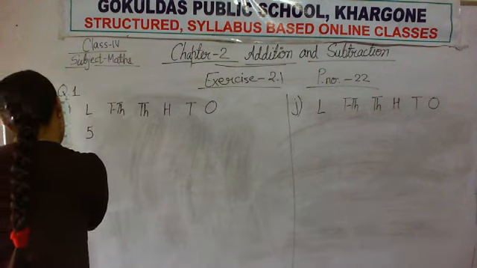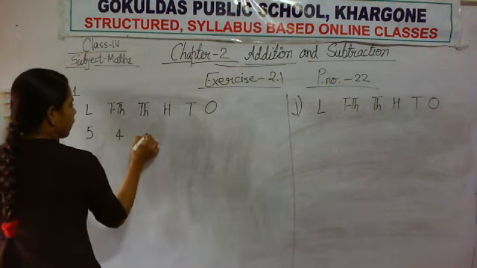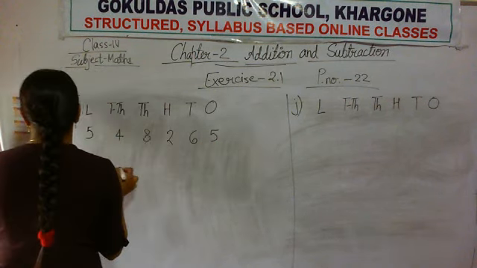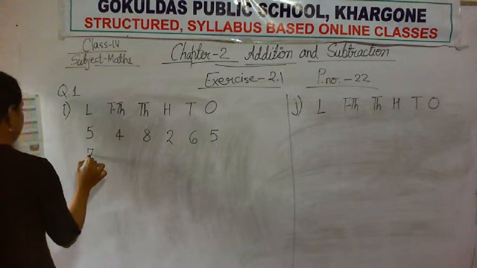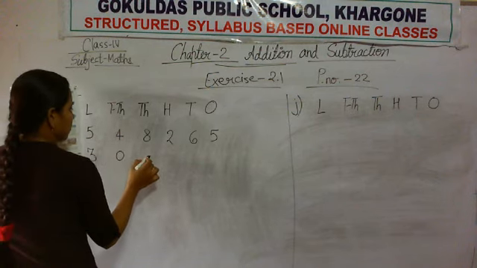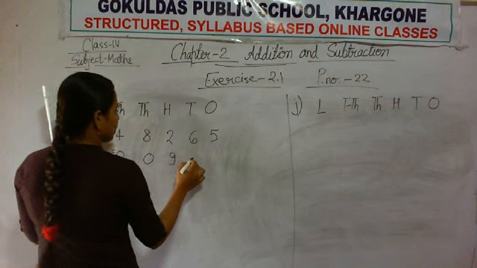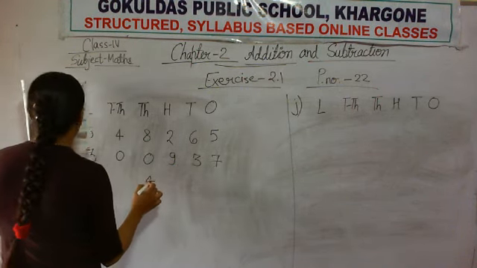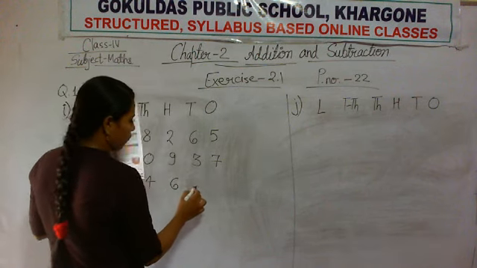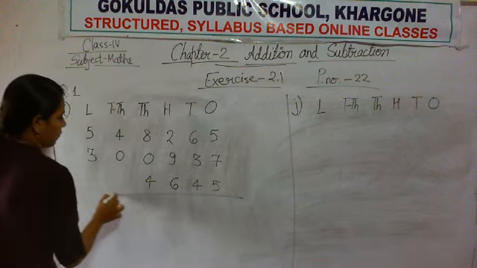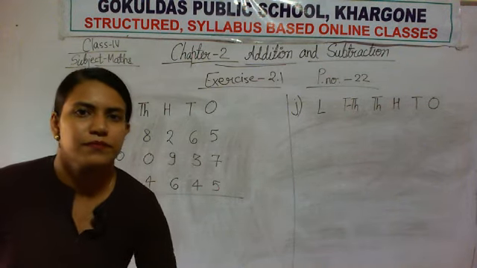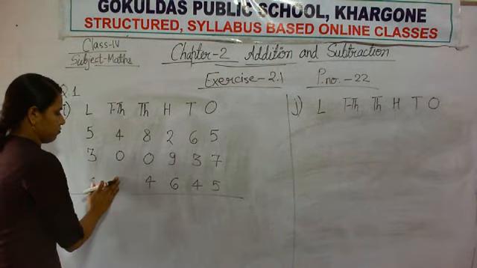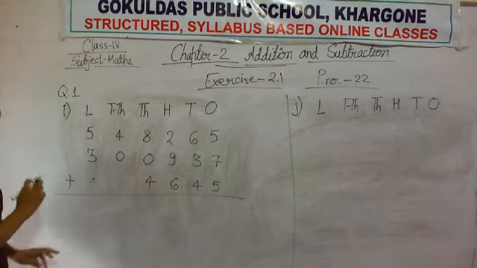The first addend is 5,48,265. Next, 3,09,37. The next number is 4,645. Now where will you put the plus sign? Here no, here no. Where will you put the plus sign? Over here.